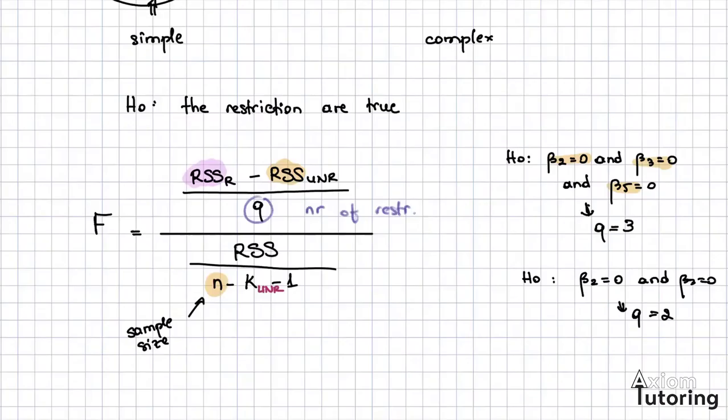Then the final element we're going to concentrate on is the K. The K is coming from the unrestricted model, meaning the number of variables from the longest or complex model.